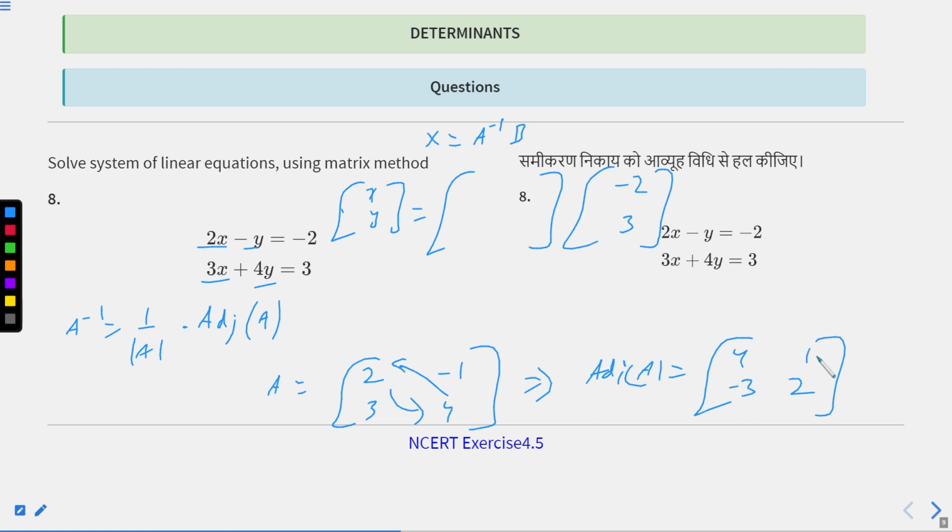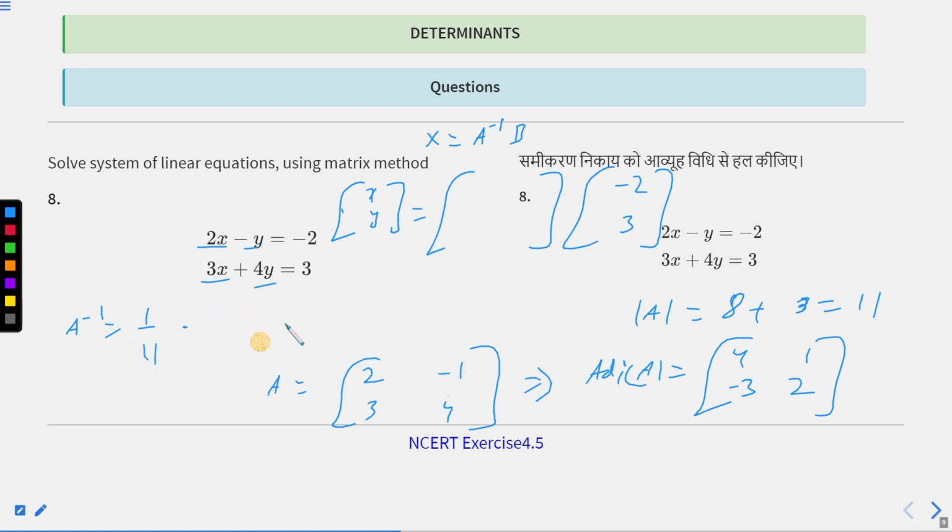Okay, clear? This is adjoint of A. Now what about determinant? Determinant will be 8 minus minus 3, which is 8 plus 3, means 11. So determinant of A will be 11.